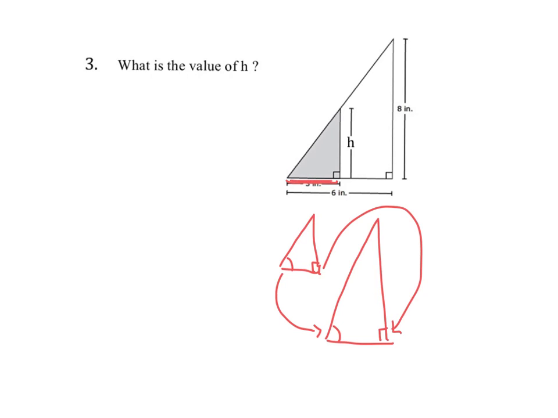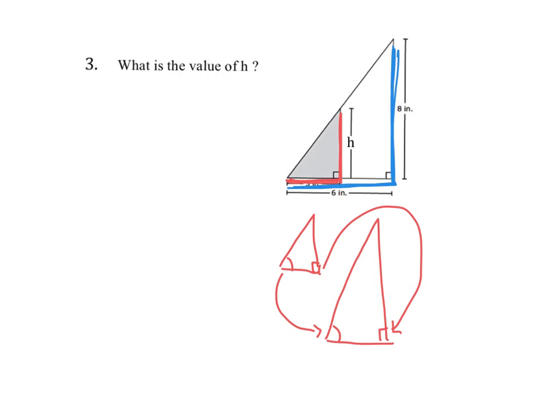We can compare this side to this side of the large triangle, as we would compare the height and then the height of the larger one. So let's go ahead and do that.